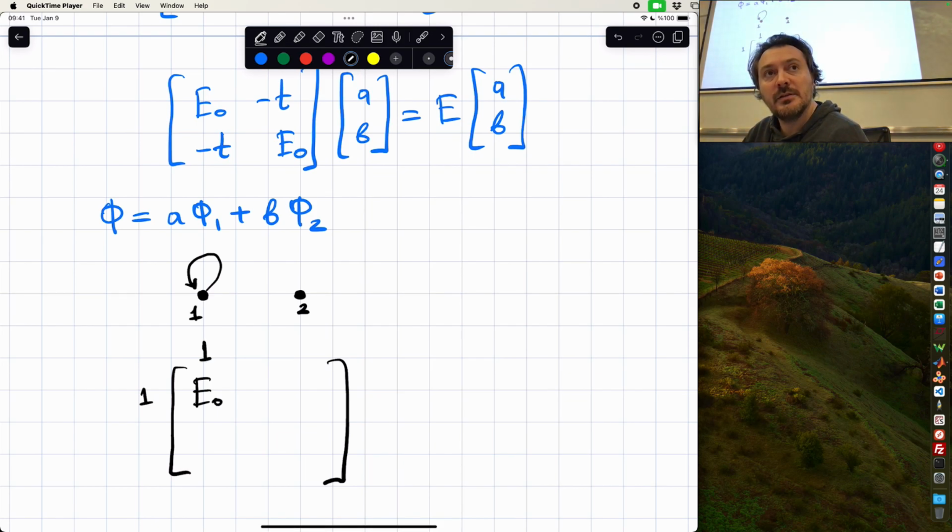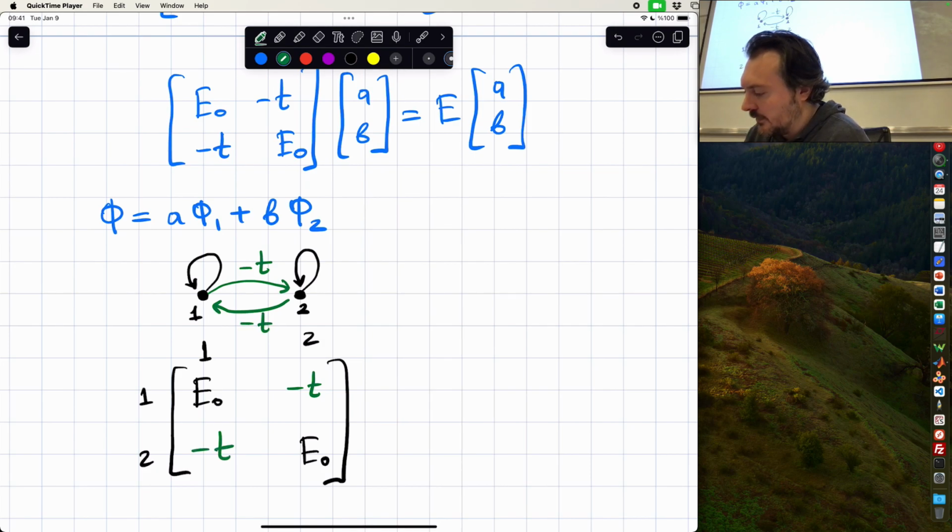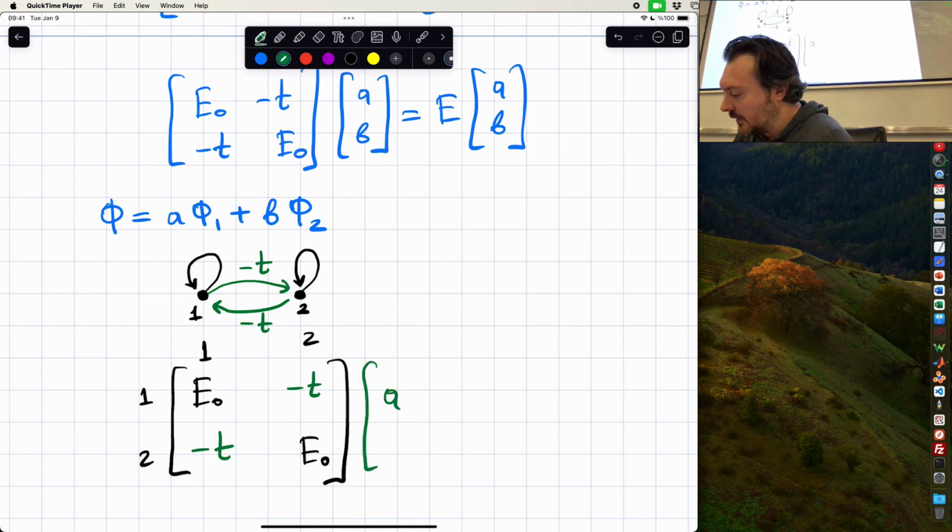Are you following? Then 2 by 2 is also E0. What is the interaction 1, 2? Minus T. I write minus T here. What is the interaction 2, 1? Also minus T. I write minus T here. That's basically how you get this matrix. Okay?